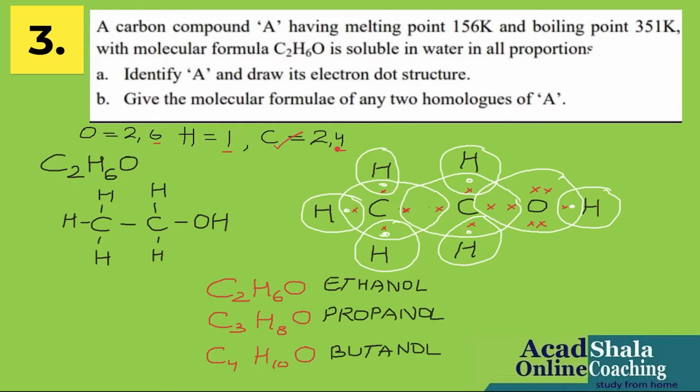That means this carbon will share 4 electrons with other atoms which are surrounding it. So this carbon has shared its 4 electrons, 1 each with hydrogen and 1 with the adjoining carbon. This carbon has also done the same thing. That means here it has shared, and also 1 with oxygen, which is adjoining, and 1 with the adjoining carbon over here.